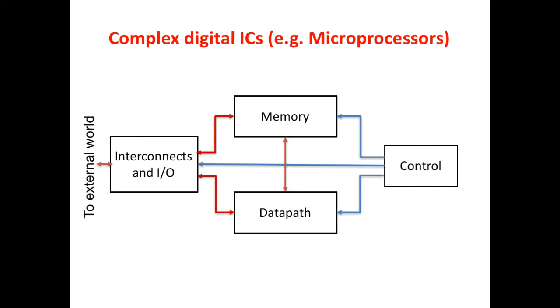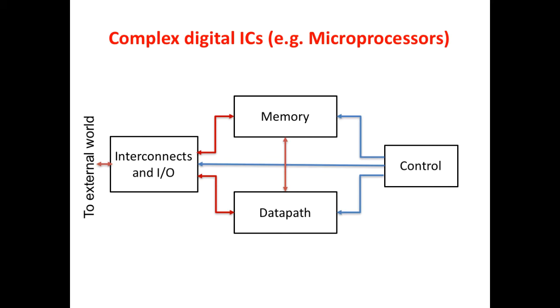We have a control block which is connected to the memory and to a data path. The data path is where we have all the combinatorial functions, the arithmetic operators, and then we have the memory, the control unit, and the data path unit that are connected to a block which takes care of input-output and to the interconnections with the external world.